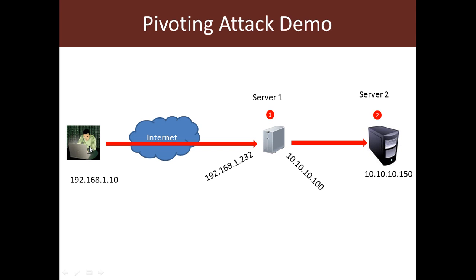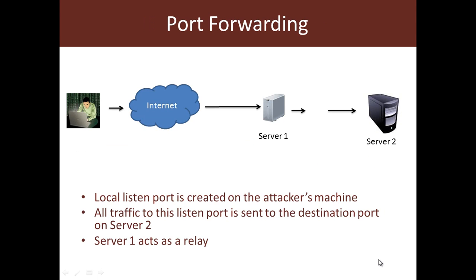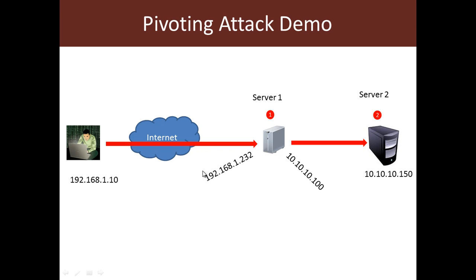The attacker is on the internet and can get IP level connectivity to server 1 but not to server 2. Right? So this is the sample scenario. So now what we will do is, first we will attack server 1, break into it, and then go ahead and use server 1 as a pivot to break into server 2. Right? So let's go to our demonstrations.